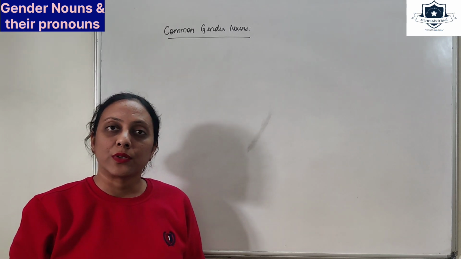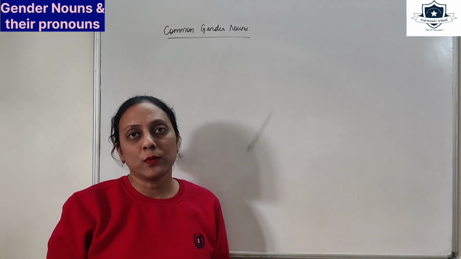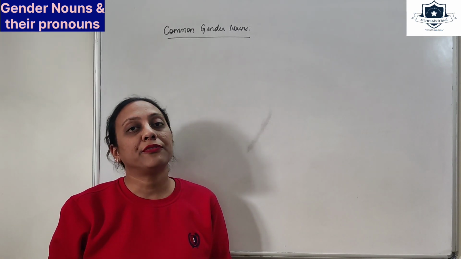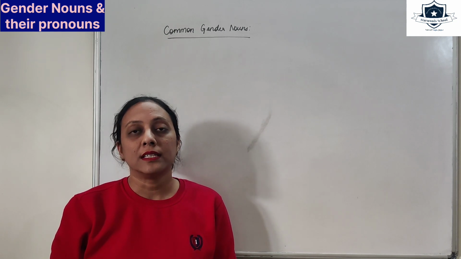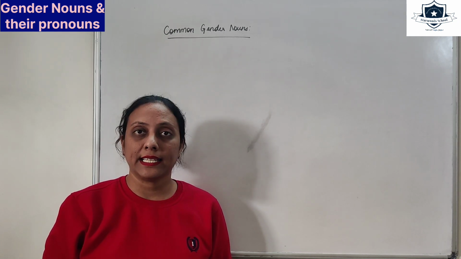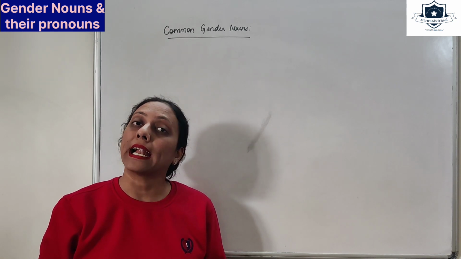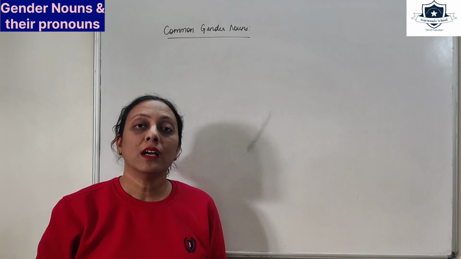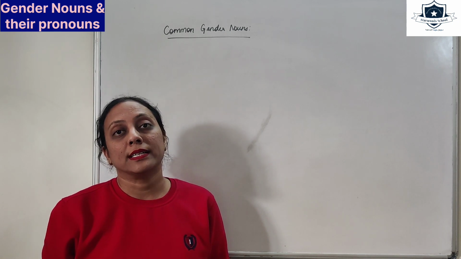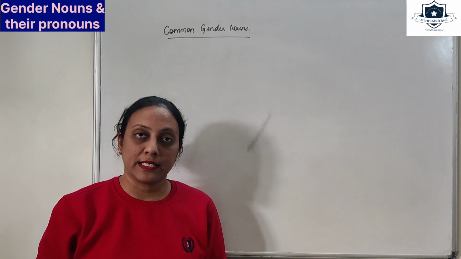As we all understood, the male version is called masculine, the female version is called feminine. But the third category is where we are not able to judge or categorize the people or animals or birds into these two categories.